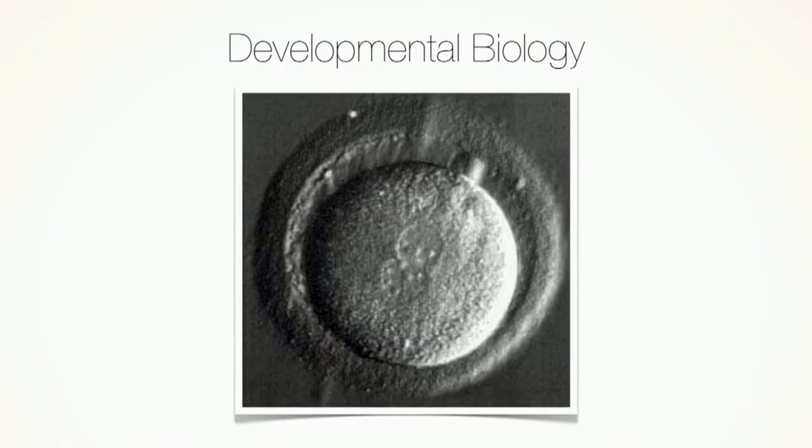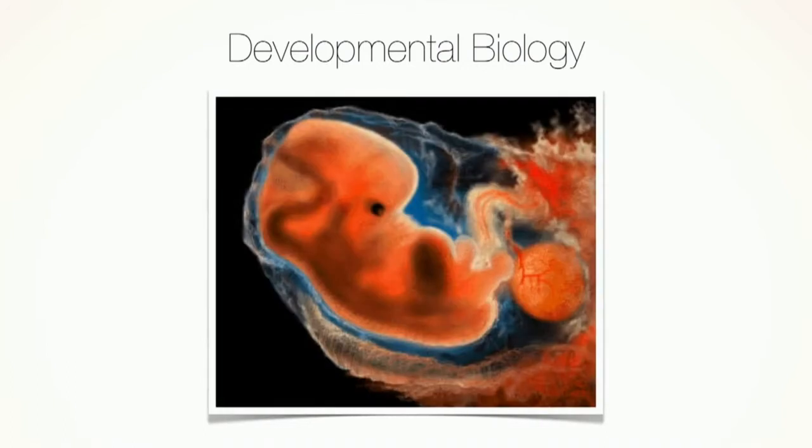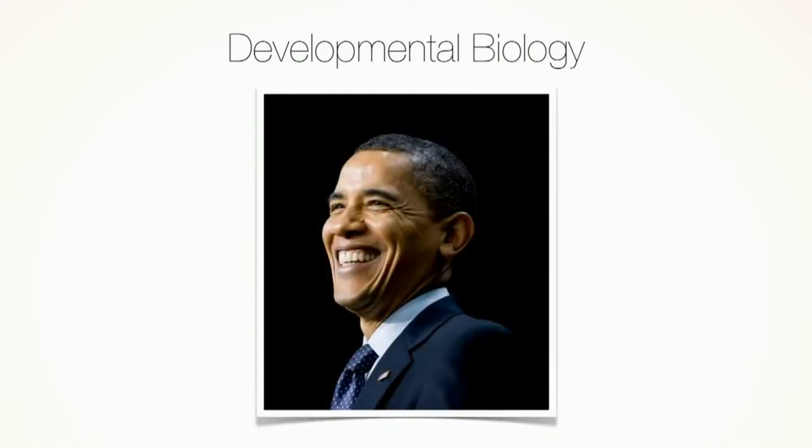To begin with, I have to give you a very quick lesson in developmental biology, with apologies to those of you who know some biology. When your mom and dad met, there is a fertilized egg, that round thing with that little blip. It grows, and then it grows, and then it makes this handsome man.